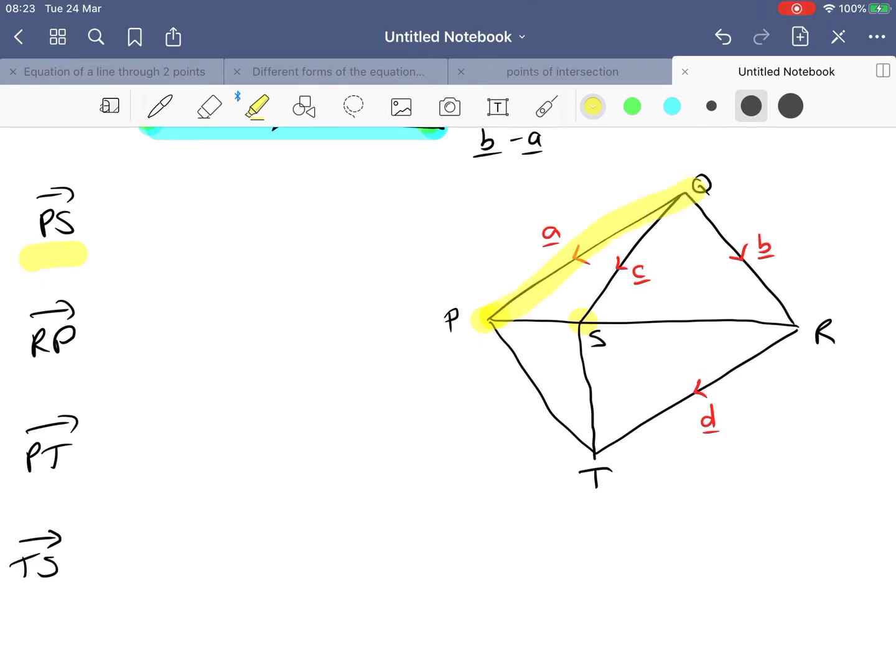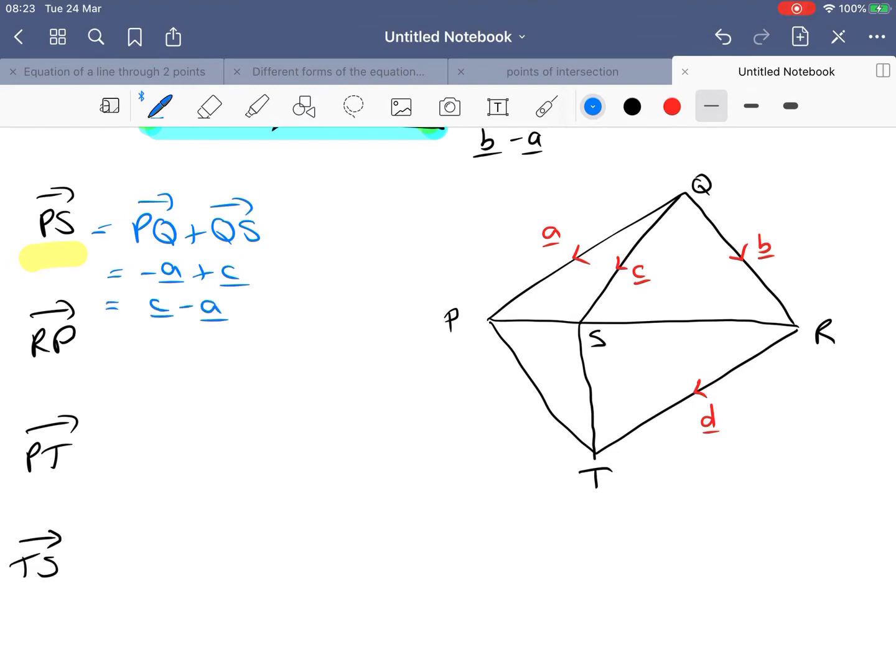And the way I can go with vectors that I know is to go from P to Q and Q to S. So if I get rid of those for a second, what I want to do is go from P to Q and Q to S. And when I do that, going from P to Q, well, I'm going in the opposite direction of A, so that's going to be minus A, and then Q to S is the vector C. So as I say, we tend to write that as C minus A, but both are correct. You don't have to write it in that way. Both are mathematically correct, it's just we tend to.